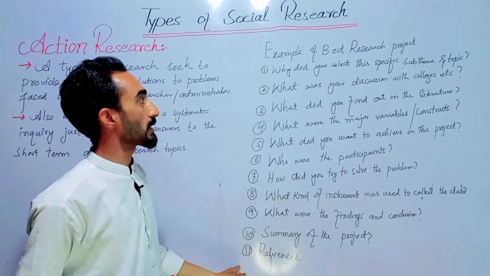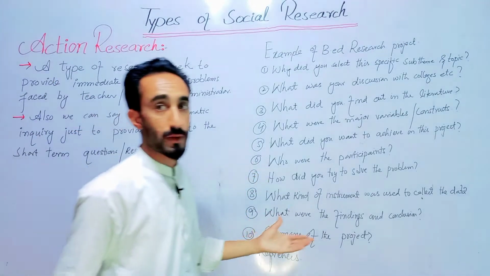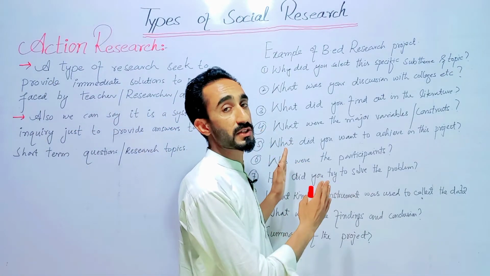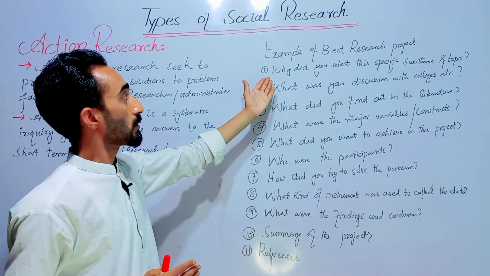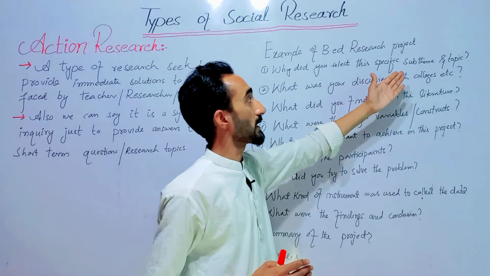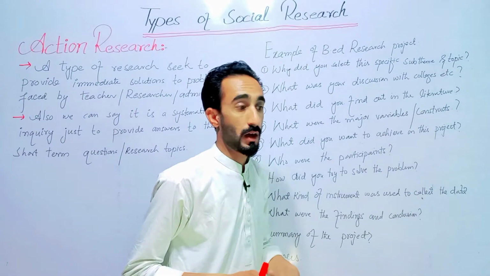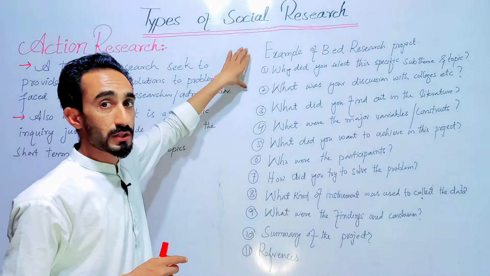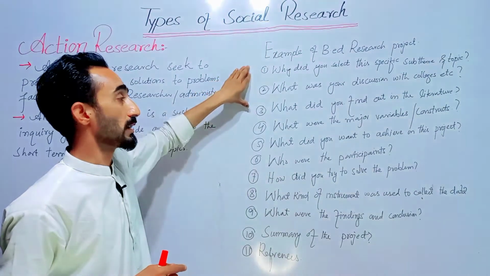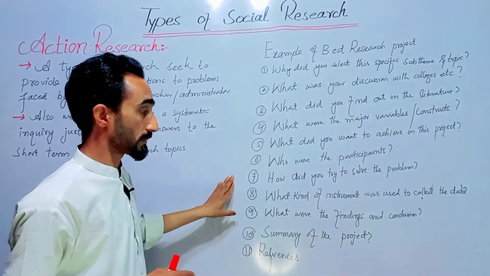Here we will explore the steps one by one and link them to the major research steps. For example, point one: why did you select this specific sub-theme and topic? We will relate these to the major steps of the genuine research process.